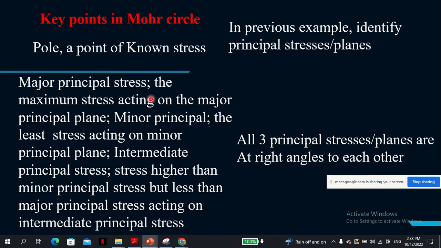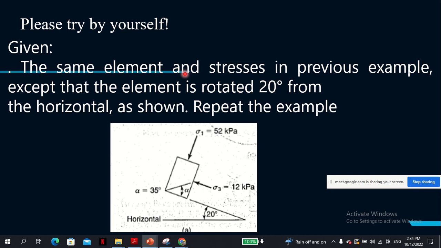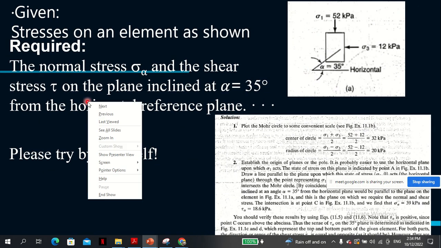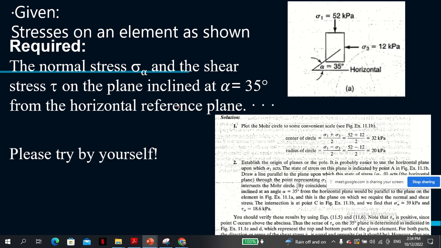So the key points which I've talked about, maybe it doesn't hurt to highlight. The pole is a point of non-stress. Maybe it's better to explain from here. If you're able to draw the Mohr circle, there's nothing even to demonstrate.